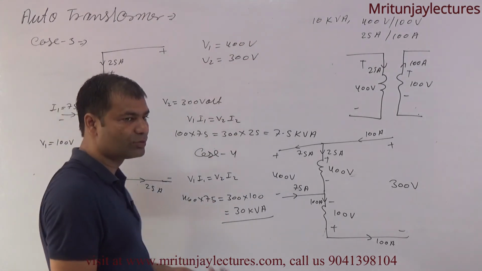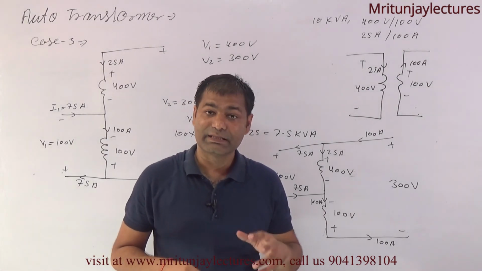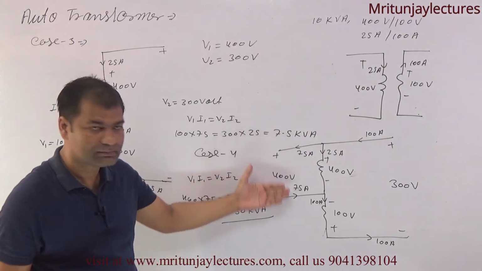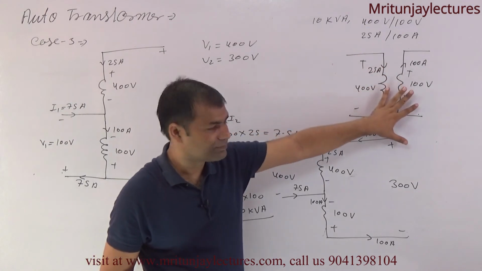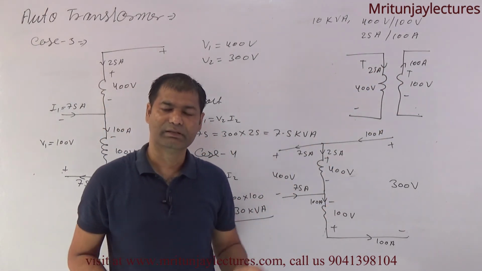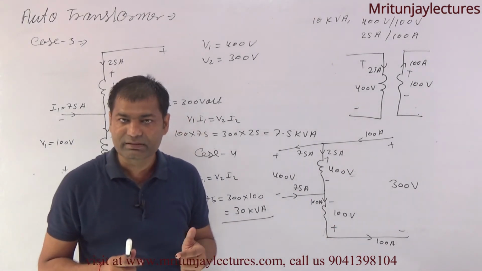We make an auto transformer with primary side 400 and secondary side 300. How to make it? Like this one. If the concept is clear, then you can make it. If your concept is not clear, you cannot make it.